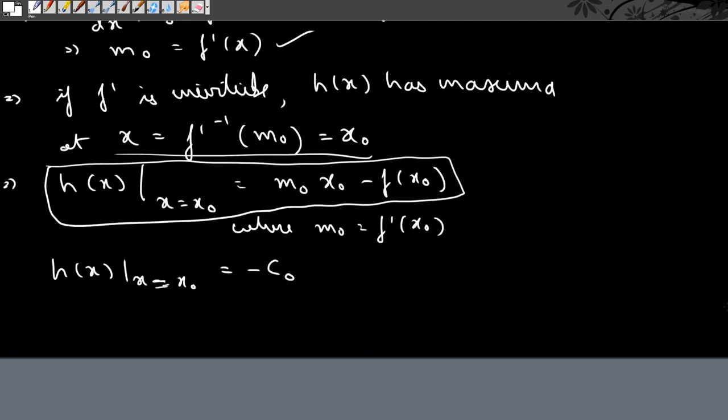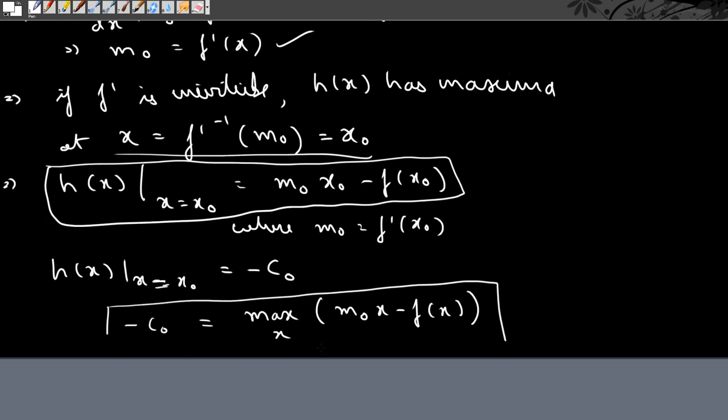So we got minus c naught as equal to the value of the function m naught x minus f of x at the value of x where this function takes a maximum. So this is the formal definition of our Legendre transform.